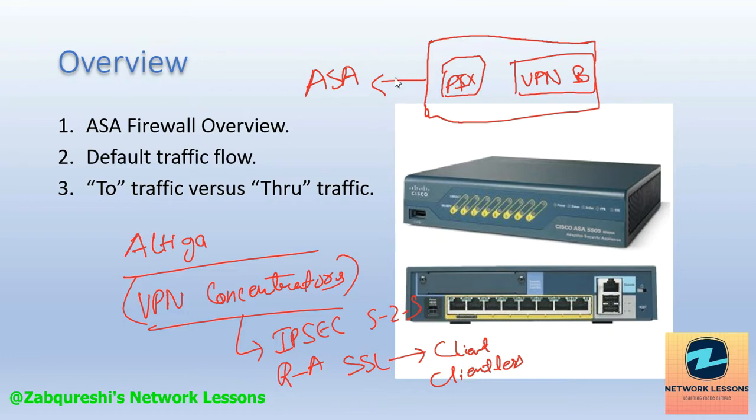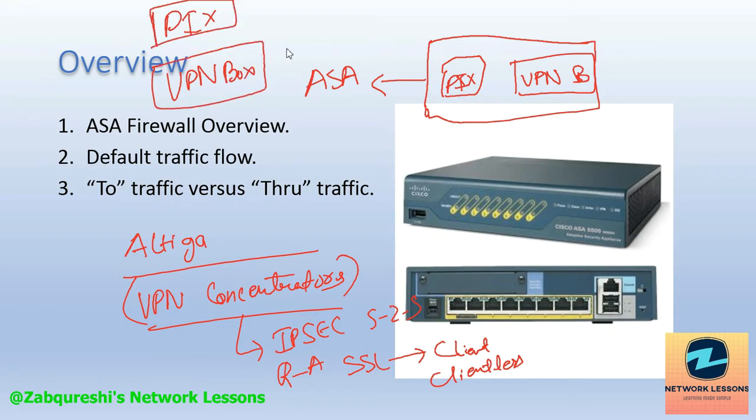Before producing their own ASA box, they used to sell the PIX and the VPN box separately as a solution. But later on they combined these two, and that is where the ASA evolved. That is how we know the ASA box as of now.